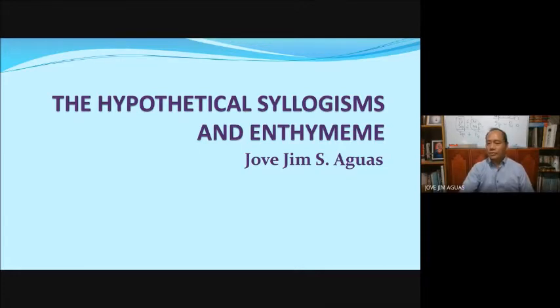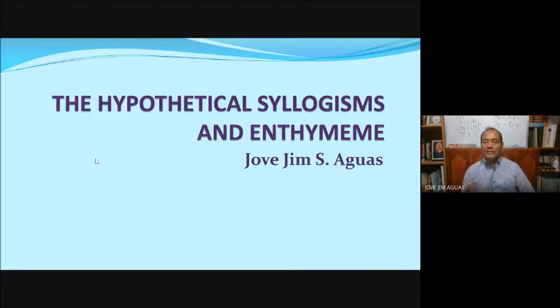So what is the conditional proposition? The conditional proposition is the if-then statement. The disjunctive proposition is the either-or statement. And, of course, the conjunctive proposition is somehow the reverse of the disjunctive, which uses and instead of or.